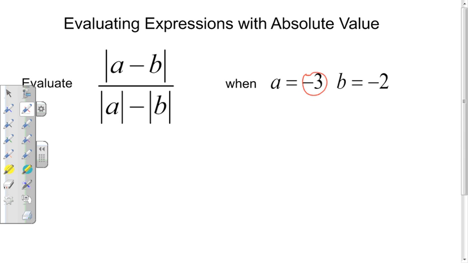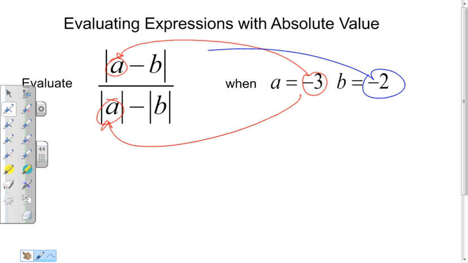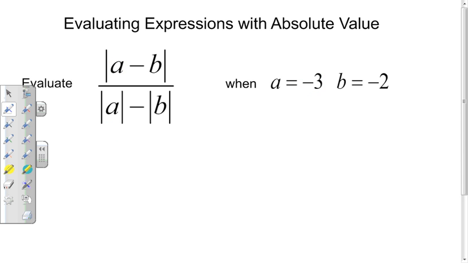I'm going to take my negative 3 and substitute it here as well as here. And then I will take my negative 2 and substitute it here for B as well as here too.